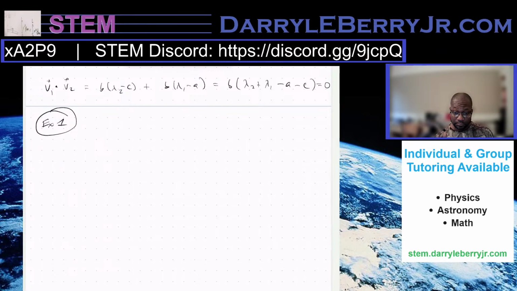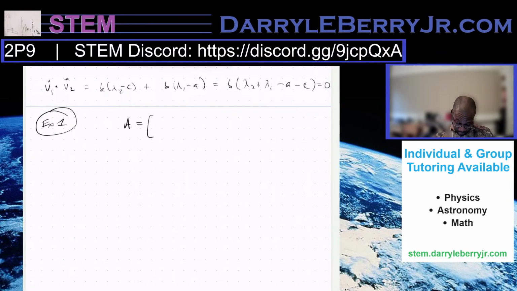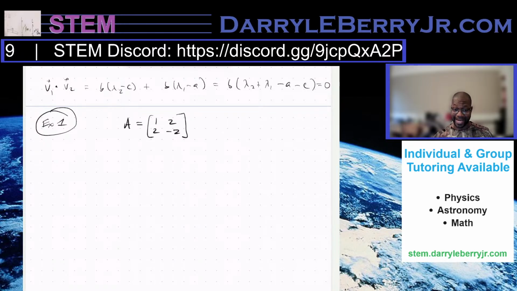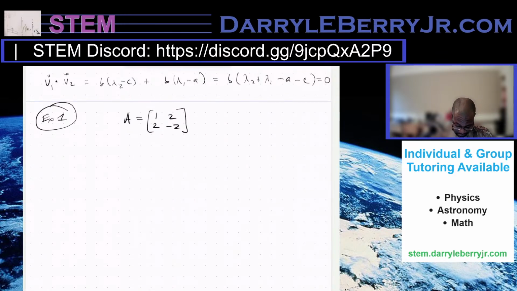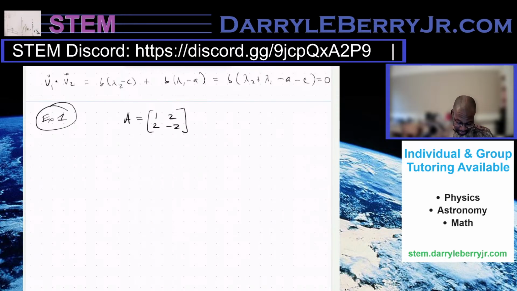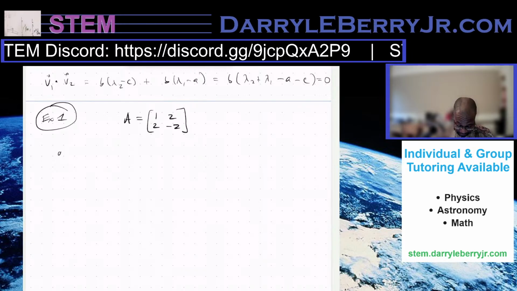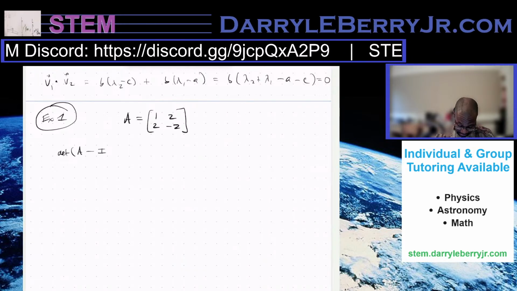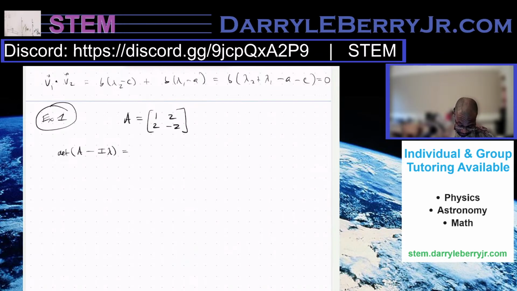So we have A equals (1, 2; 2, negative 2). So let's find the eigenvalues and eigenvectors of the matrix. The characteristic equation will be the determinant of A minus lambda I equals 0.